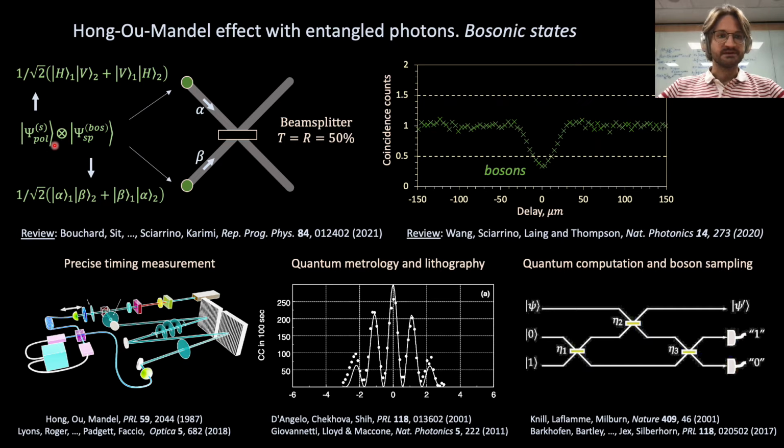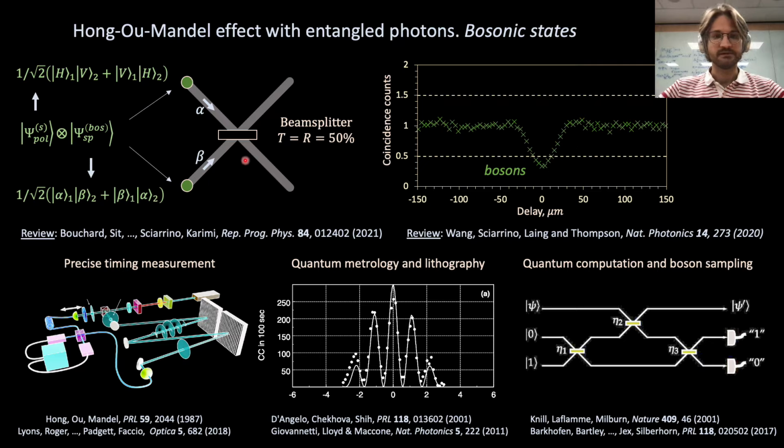One describes the polarization state of the photons, and the other describes the spatial degree of freedom, or how these photons are distributed between the optical modes. If the polarization degree of freedom is symmetric, here I give an example of a symmetric Bell state, then the spatial wave function should be symmetric as well, so that the total wave function is symmetric. And this symmetric spatial wave function describes bosonic type of particles.